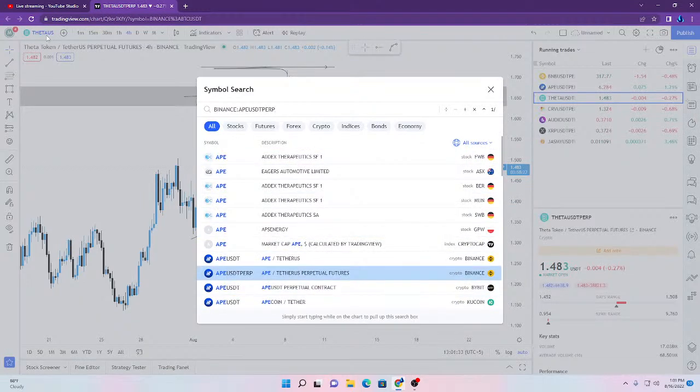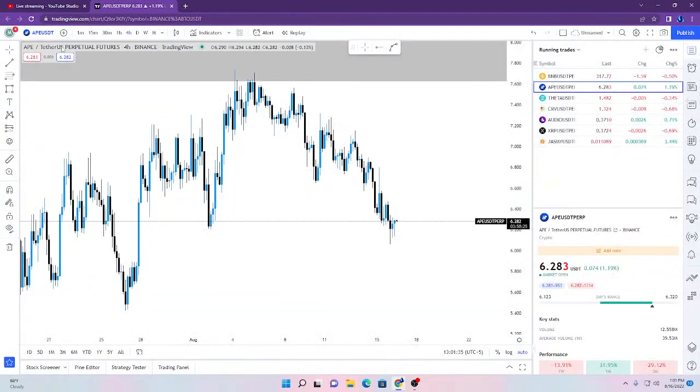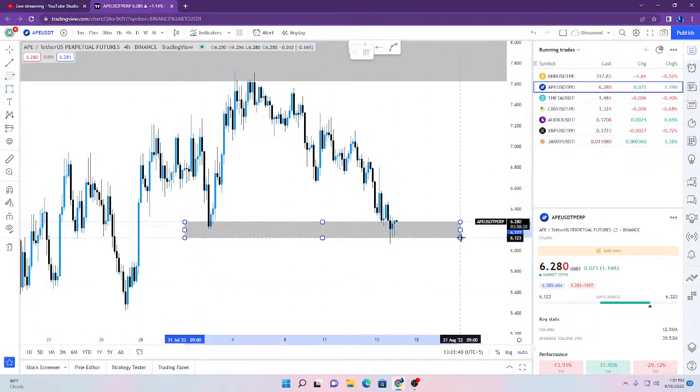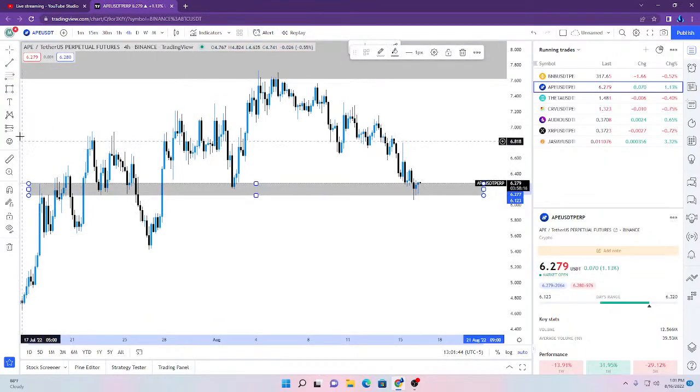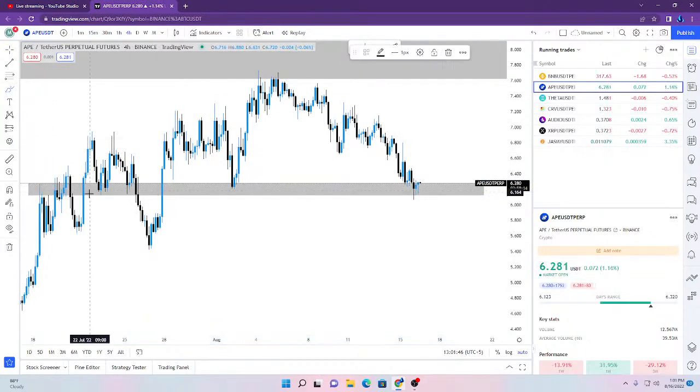I was looking at Ape earlier today as well. I like trading Ape pretty much. Okay, so Ape is on a very clear demand zone. It pumped from here and gave respect in these zones too, which shows that Ape is going to show some respect again, and it is showing.